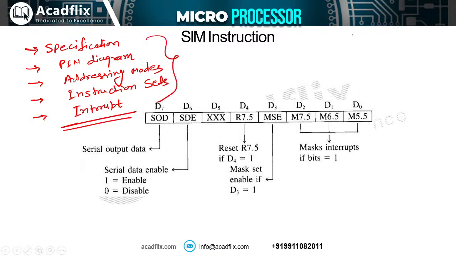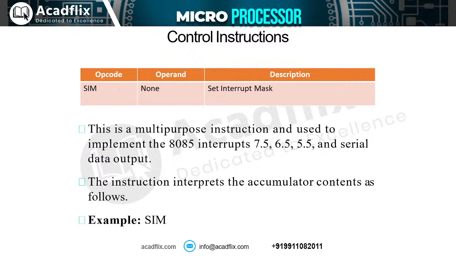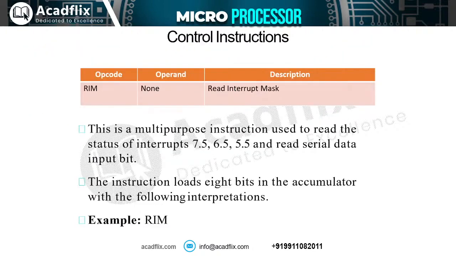Now we will study the 8086 microprocessor in the next class. I will finish 8086 quickly, covering all these same things, and then we will start solving previous year questions of the 8085 and 8086 microprocessors. It is a very beautiful subject. 8085 and 8086 is really a beautiful subject.